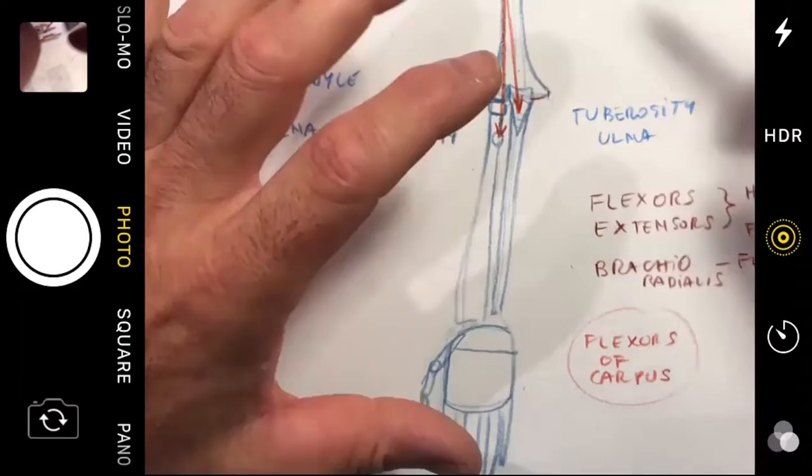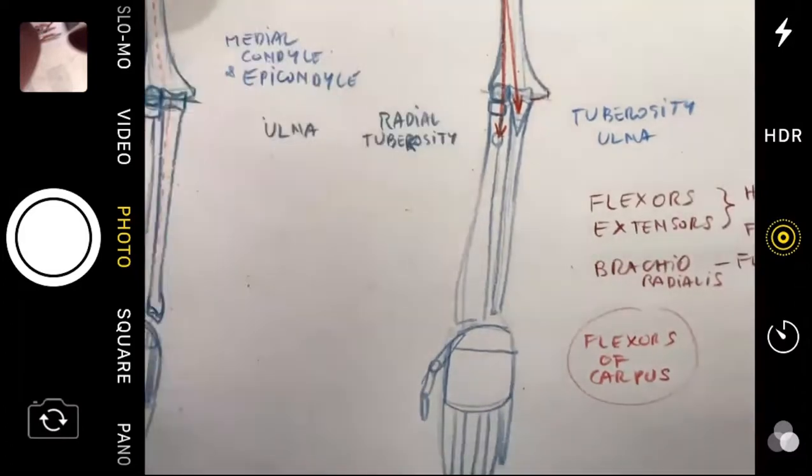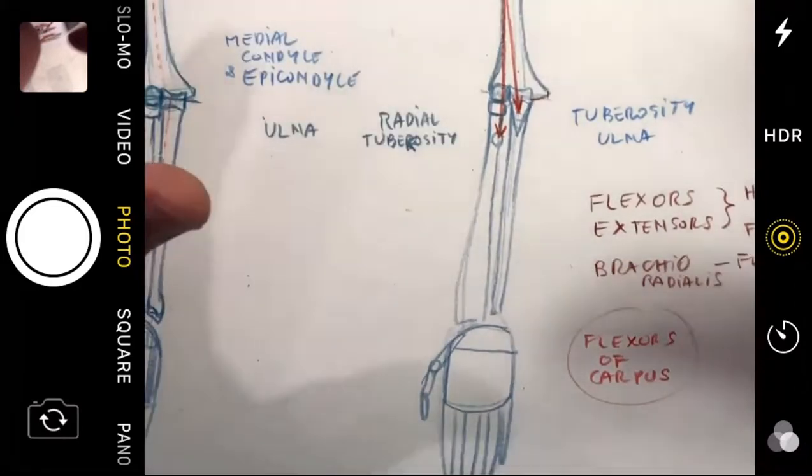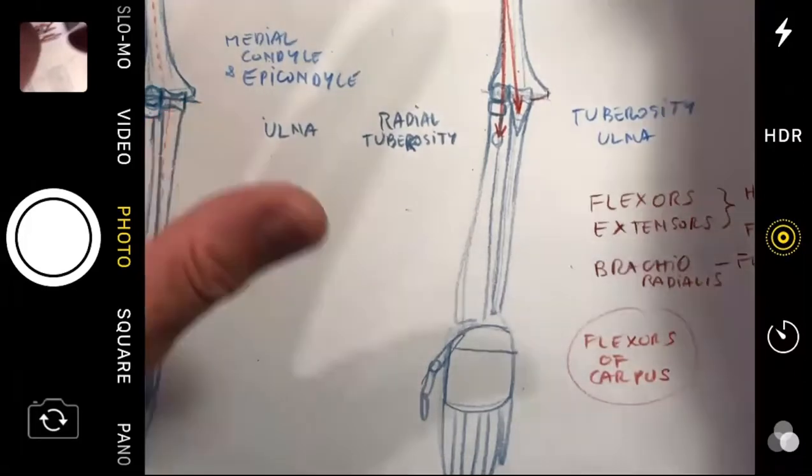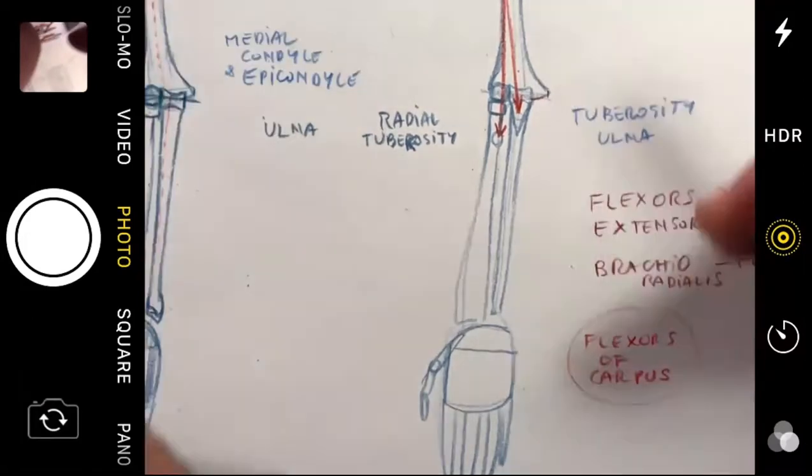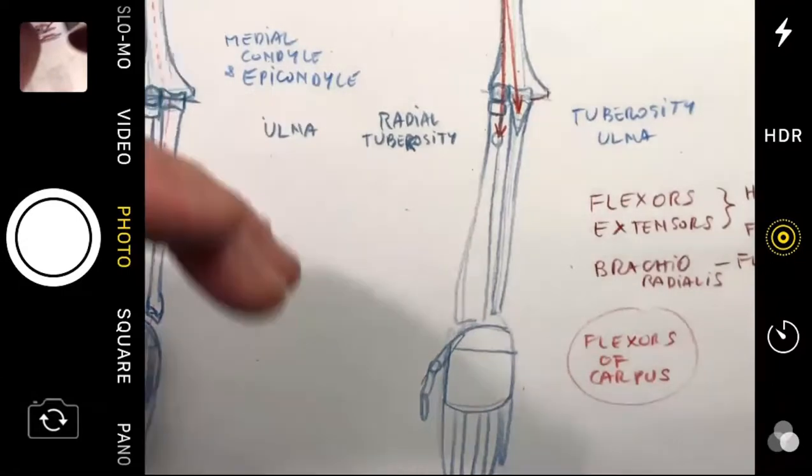The forearm has 28 muscles, I think, something like that. There's a lot of muscles. We want to focus only now on the superficial, because if we get into the deep muscles, it will take forever to do it.